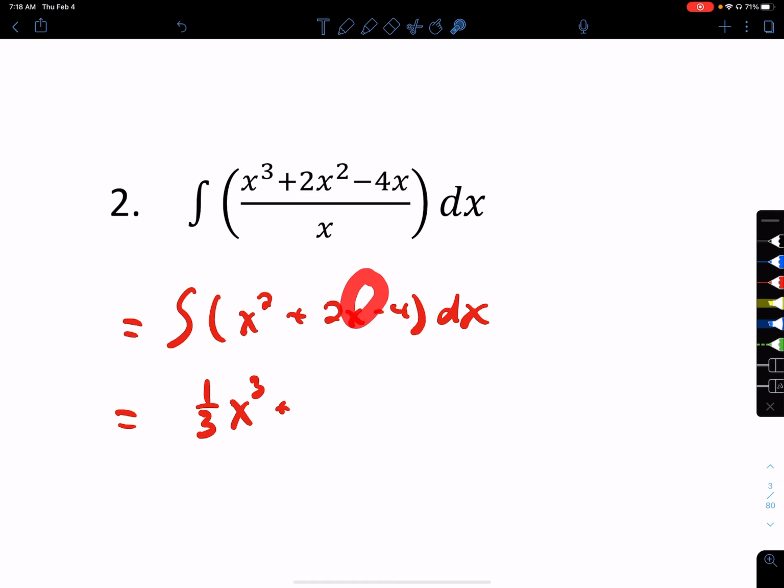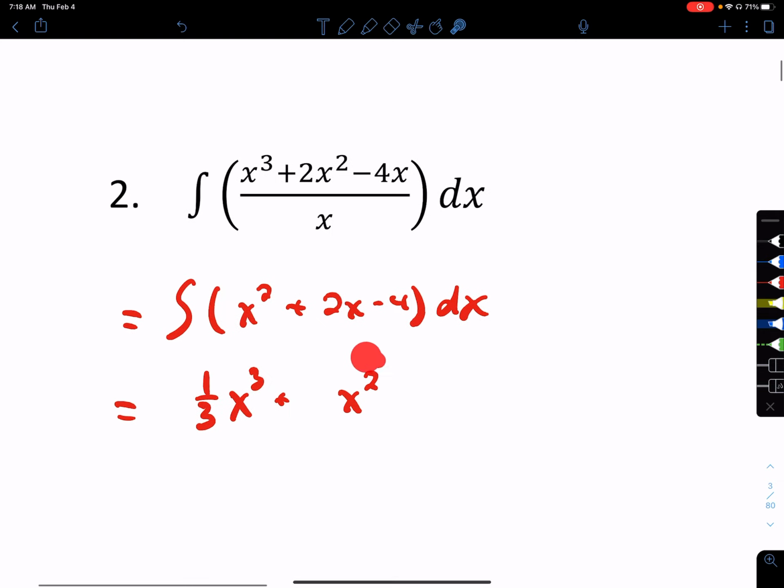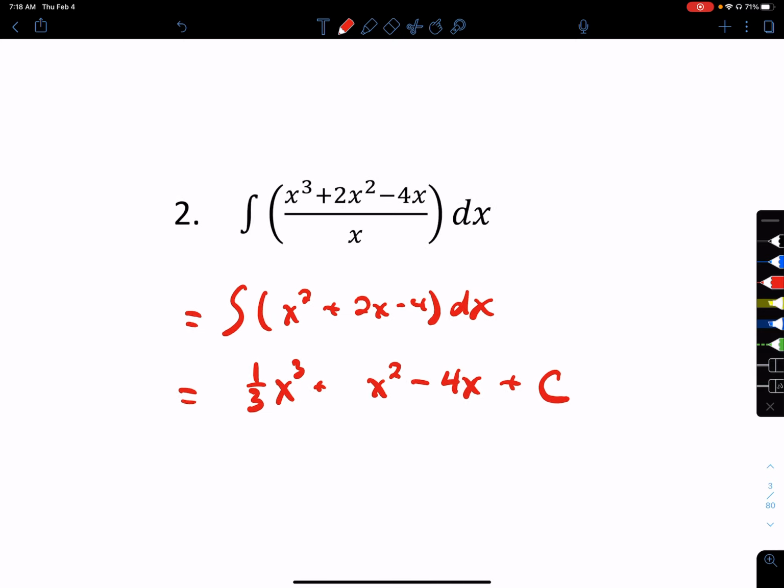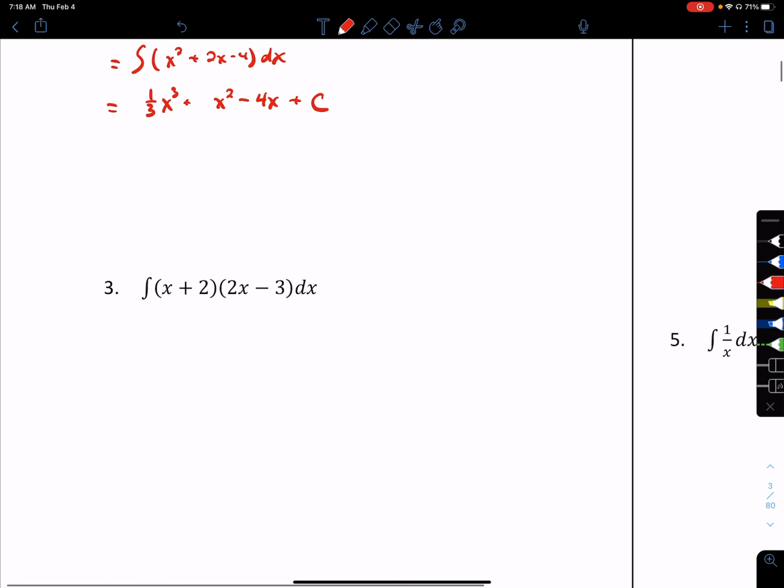I add 1 to this exponent here, it's x squared, multiplied by the reciprocal, which is a half, times 2 is 1. And anytime you have a constant, that comes from a linear function. So it's going to be minus 4x, and then we add our arbitrary constant to it. This is how you integrate using the power rule.